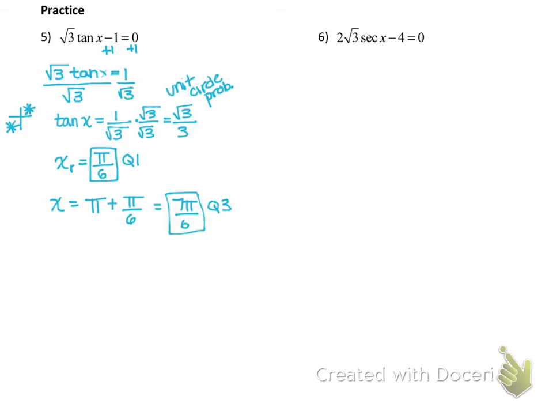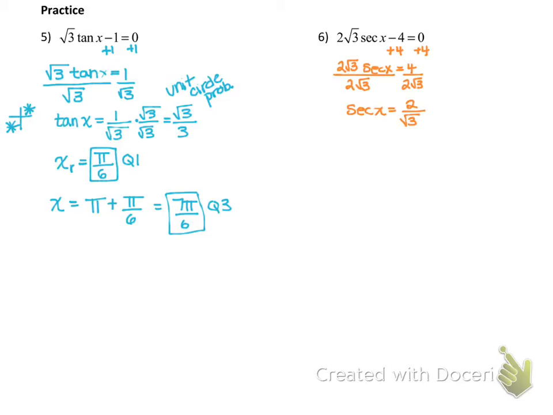In number 6, to isolate it, I'm going to add 4. And then I can divide both sides by 2 root 3. So I get secant x equals 2 over root 3, because I simplified 4 over 2. Now, just like we changed cotangent earlier, we're going to change secant into cosine.